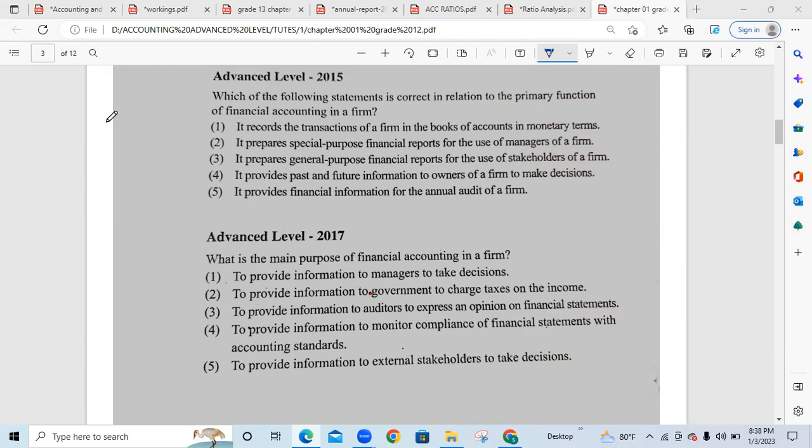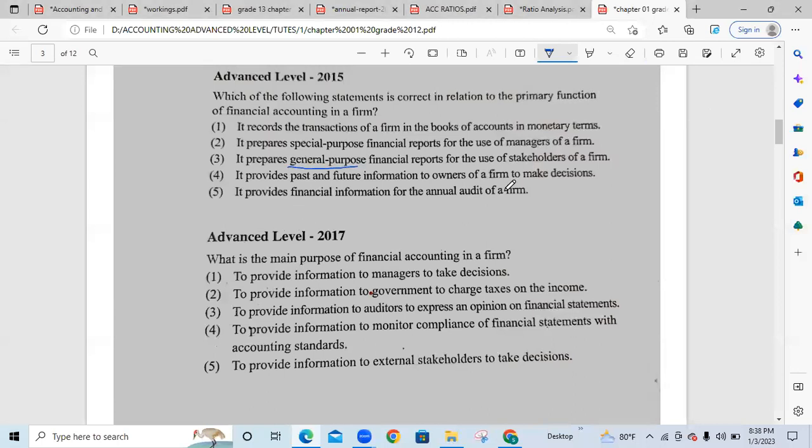Third. Guys, the third answer. Financial accounting, general purpose or specific purpose? General purpose. For whom to use? Stakeholders. Let's see why the others are wrong. You all should tell me.